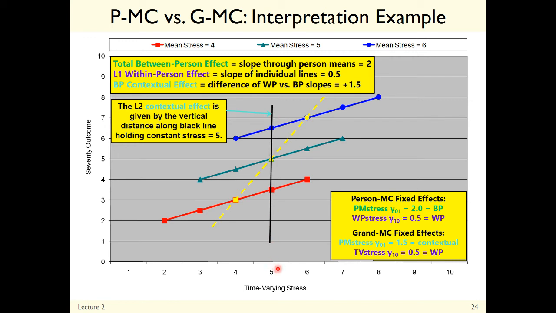So if we control level 1 for the same value, say condition on 5, after controlling for how much stress you have today, what is the extra effect of being a stressed out person? What is the shift in the intercept straight up at the same level of X that is caused by these differences in person means? That's contextual. So contextual is this black line. Between is the yellow line. Within are the separate lines.